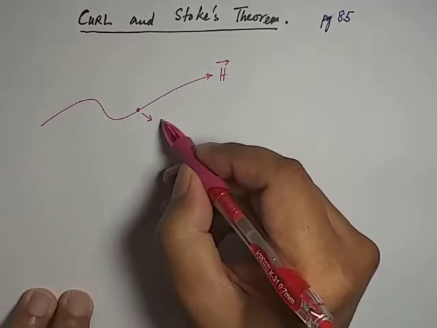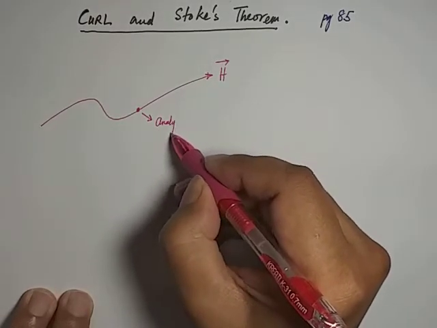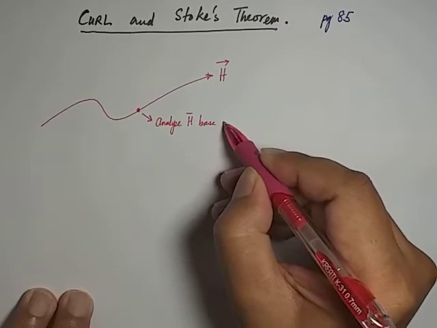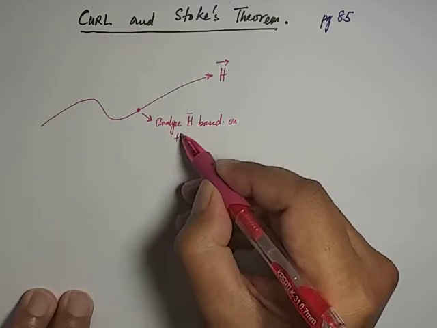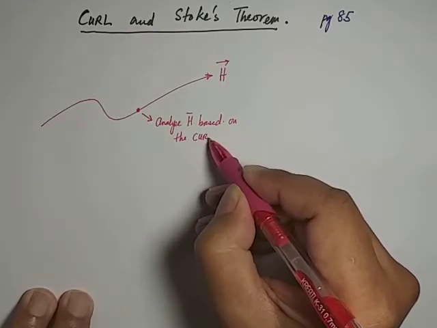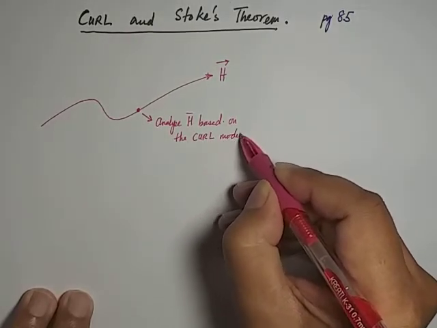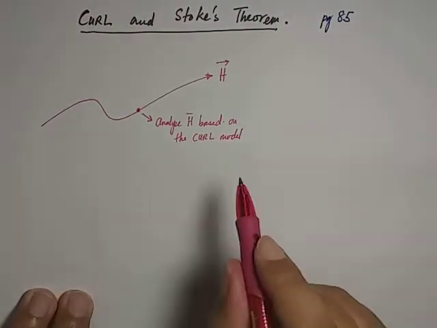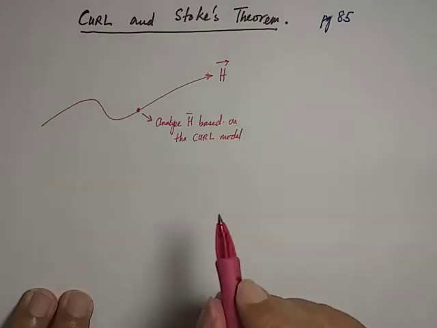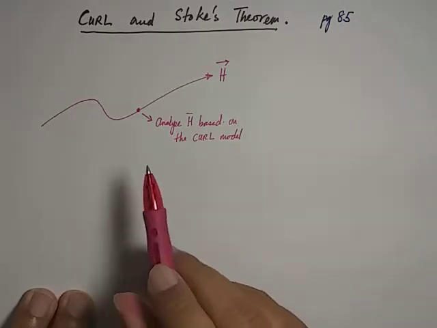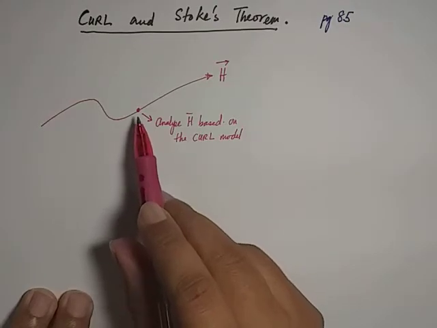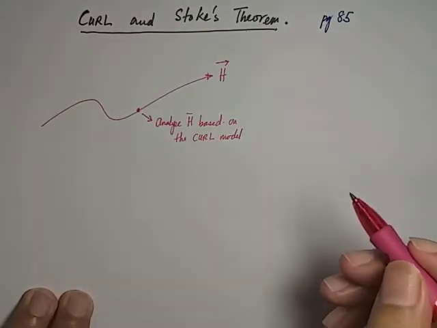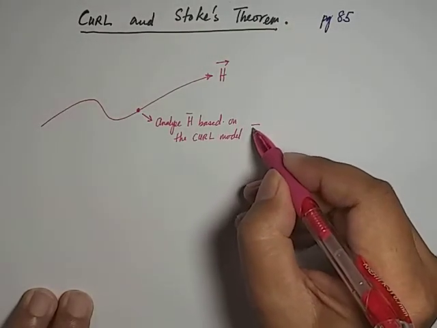So I want to analyze H based on the curl model. You will see the significance of this model later on, but at this junction, we just need to know what this topic is all about. We just need to analyze this H at this point with this model. So this intention needs to be defined mathematically with this equation.